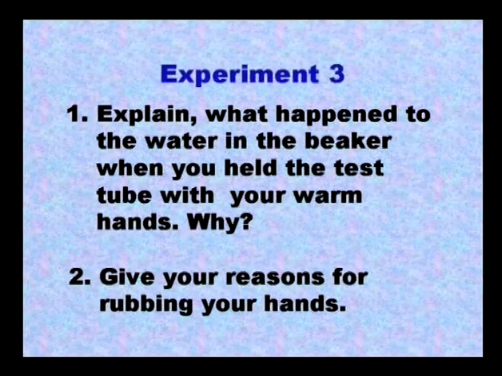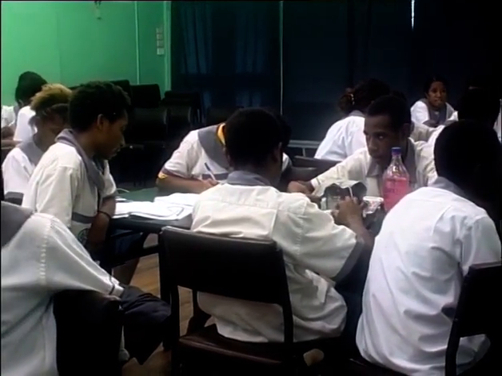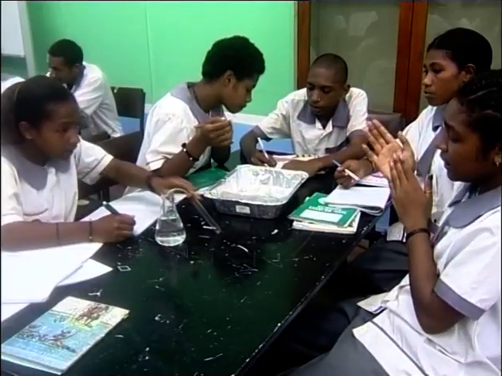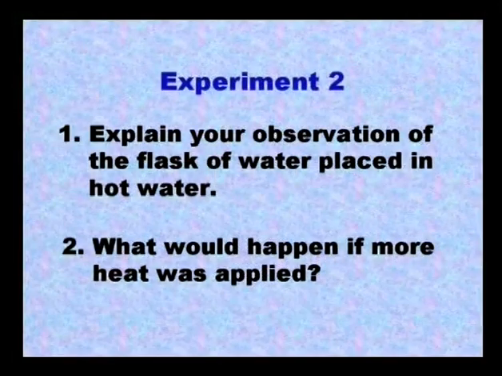You should have all finished your experiments in class, and we will go through quickly your findings on expansion of liquids and gas. Now experiment 2, that is expansion of liquids.